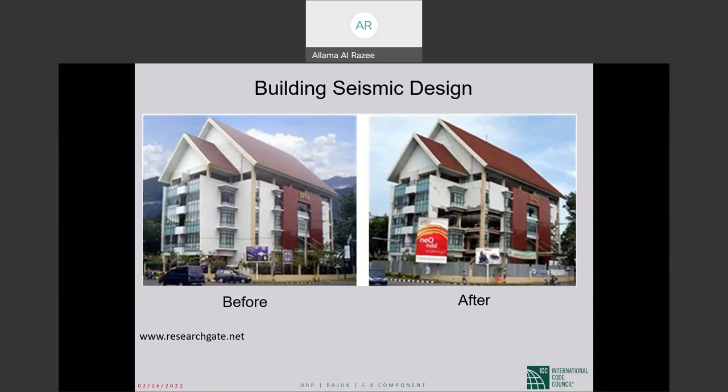If there are some errors in the estimation of loads, they will be modified in the next edition of the code. But the intention is not that your building gets damaged. But in seismic design, we intentionally design the building to get damaged. It's a big difference. So we design for damage. In structural design, we design to be without any damage.